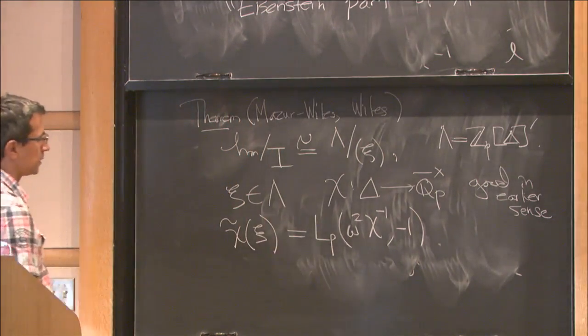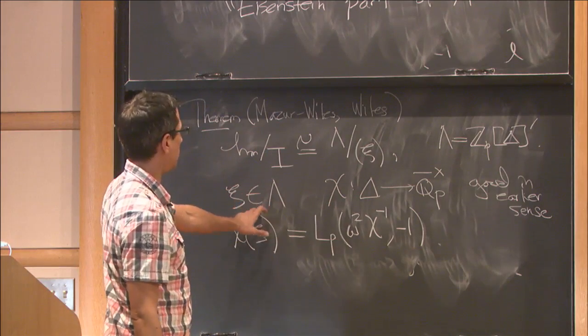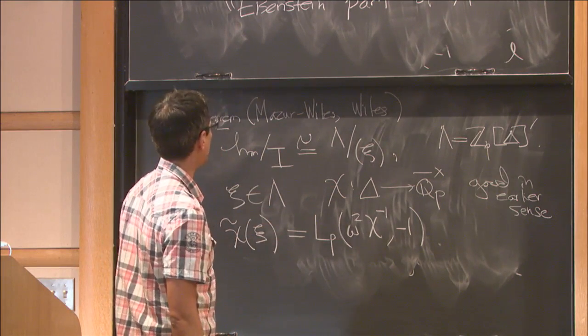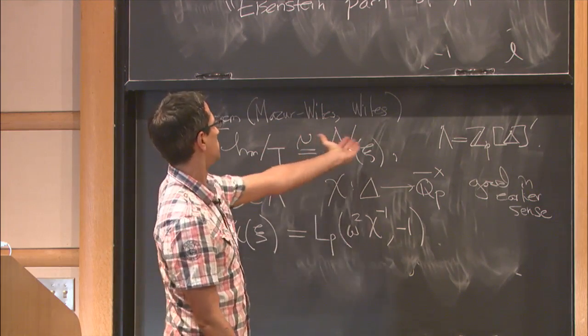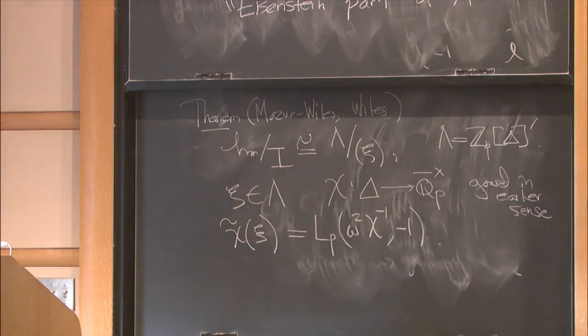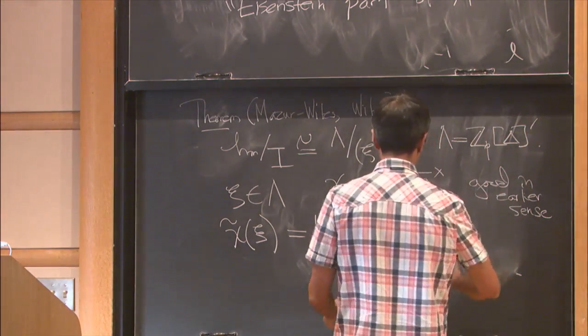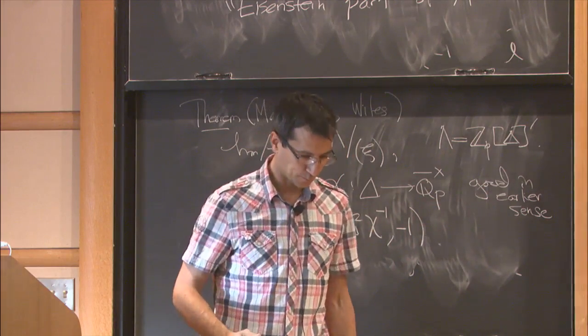So there's a unique element with this property when you apply it to all such characters. And so essentially, this is right. This tells you exactly the structure of this quotient. So in this case, chi tilde maps Z_p[Delta] to Q_p-bar.